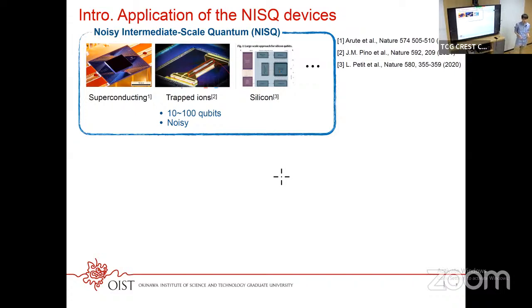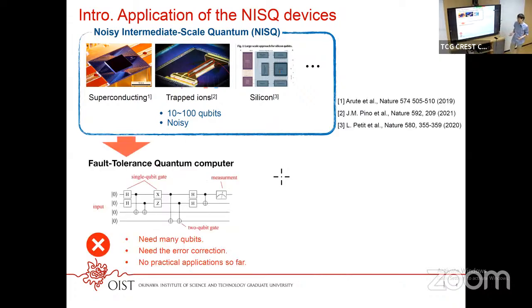But these devices are very noisy. That's why they are called noisy intermediate scale quantum devices. And there are so many platforms proposed, for example superconducting qubits or trapped ions, or maybe silicon and others like cold atoms. At the beginning, people believed that NISQ devices might lead to a fault-tolerant quantum computer.